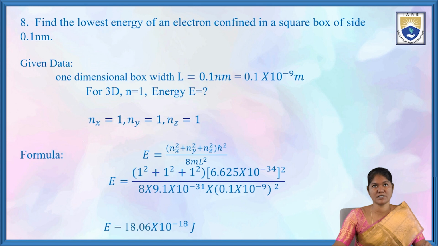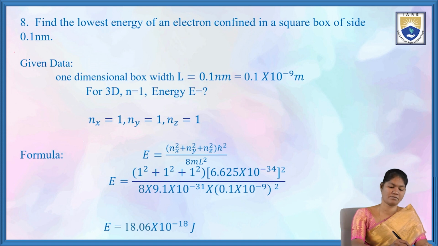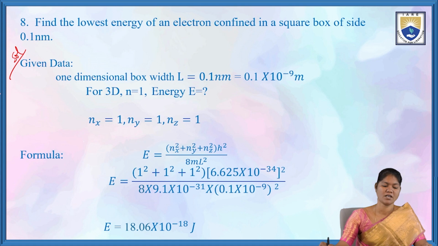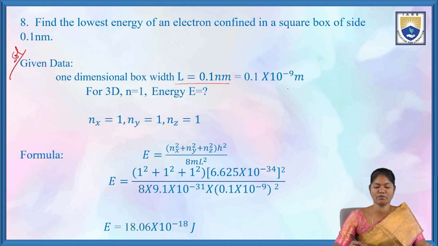Find the lowest energy of an electron confined in a square box of side 0.1 nanometer. So L is equal to 0.1 nanometer, that is 0.1 into 10 power minus 9 meters.